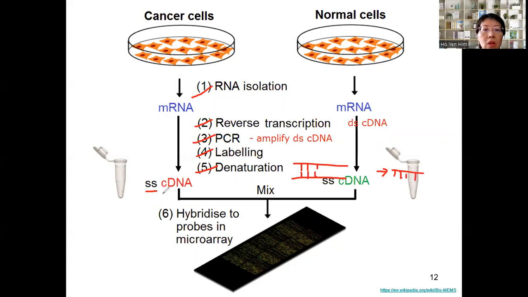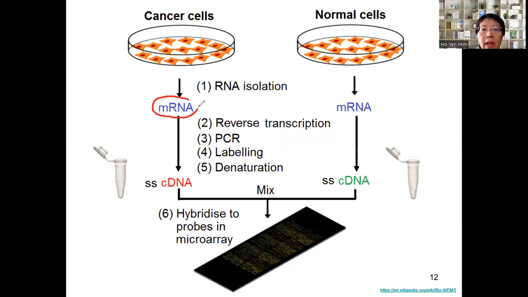So after that, we will mix it with the microarray so that this single-stranded DNA can hybridize with the probes that are complementary to it in the microarray. So if it's able to hybridize, then that spot will fluoresce, telling us the presence of this mRNA. That means the gene is actually expressed in this cancer cell.